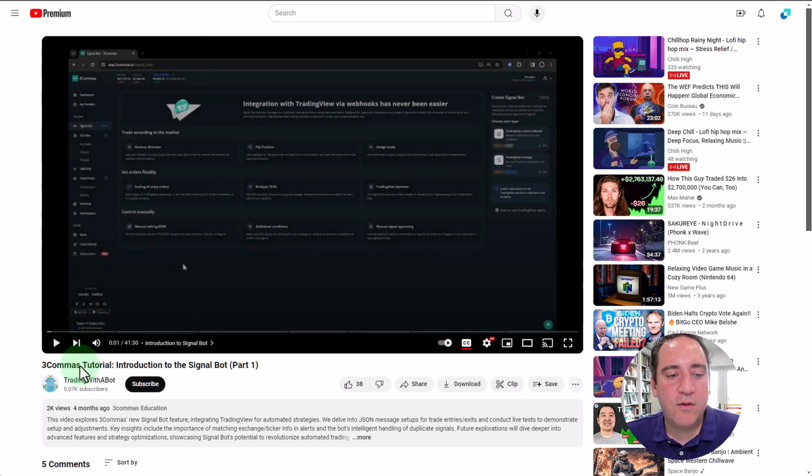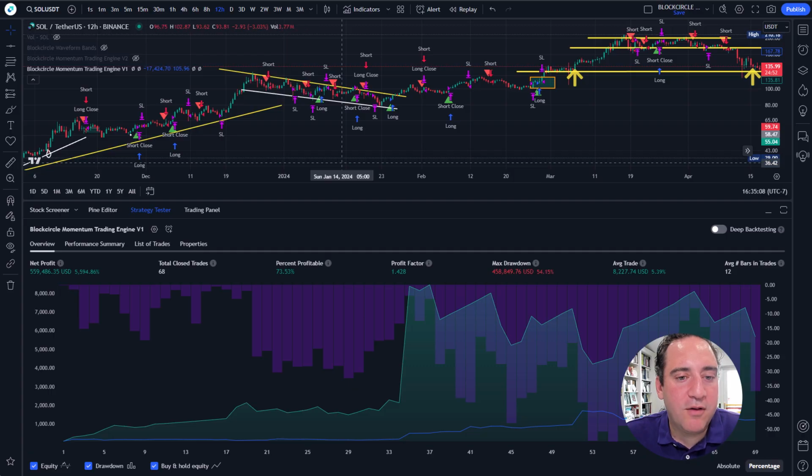So if you Google 3Commas, Signal Bot, TradingView, it should take you to this view, and this will walk you through step by step exactly how to integrate alerts in TradingView to be sent to 3Commas server via webhook. Webhook is just a transmission mechanism. There's nothing more to it. It's just a way for you to be able to send something to a company in a secured way, right? And that's the absolute basis of it.